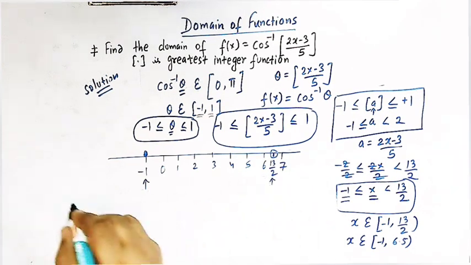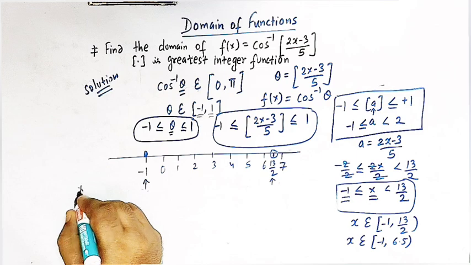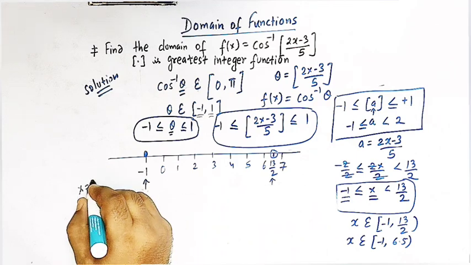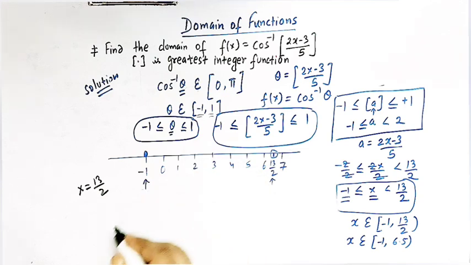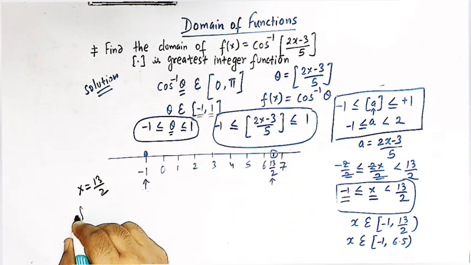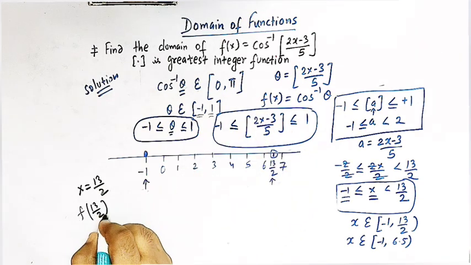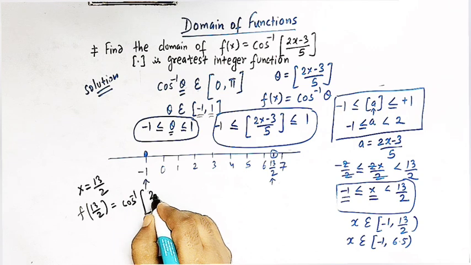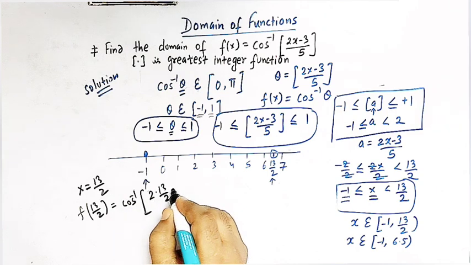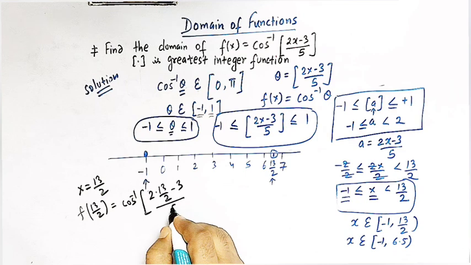Similarly, here we can verify that this point, that is 13 over 2, is not included in our domain. So let us find f of 13 over 2. So this is cos inverse, and here we have (2 times 13 over 2 minus 3) over 5.